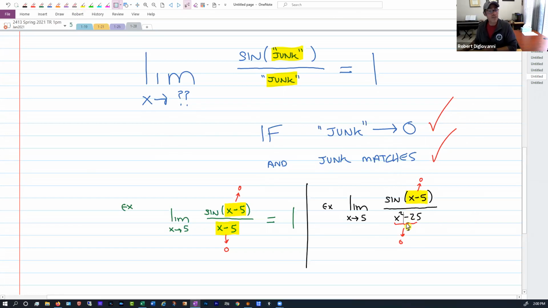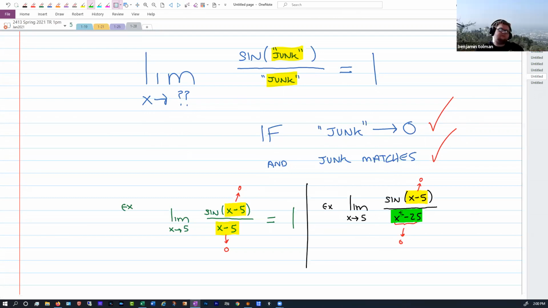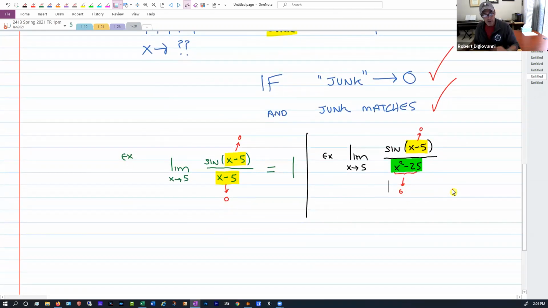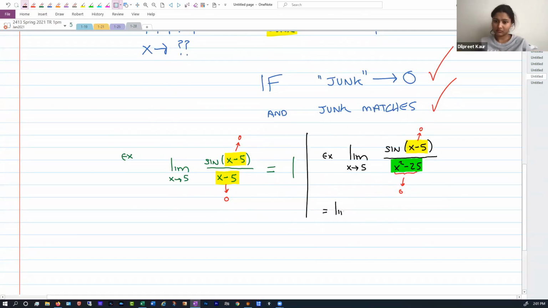But does it match the junk on the bottom? Are these the same? A little bit, but they're not exactly the same, right? And therefore, you can't tell me that the limit is 1. It has to match exactly. You with me? Okay, but we're not done. Watch. Here's what I can do though.